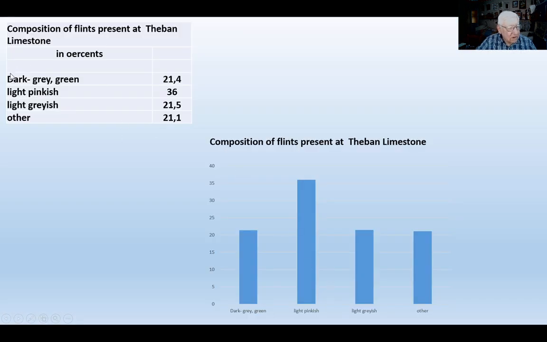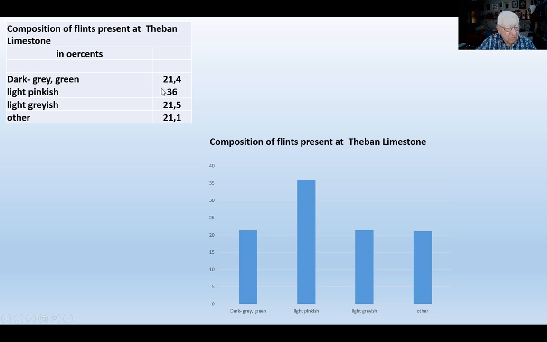On the basis of examination of various types of flints from the Theban hills, from La Cime, we did statistics, and dark green flints are present in 21%, light pinkish 36%, light grayish 21%, other 21%.